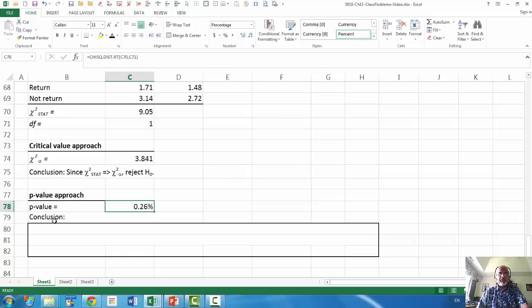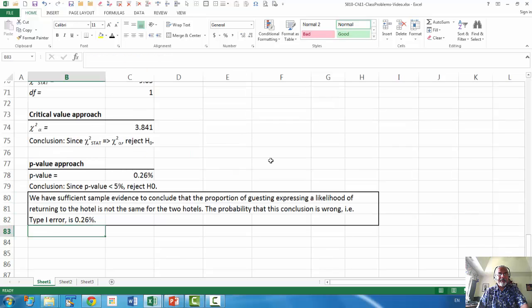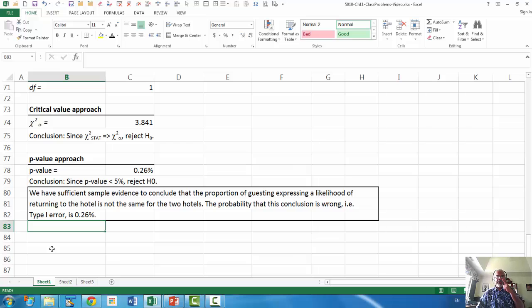Then you reject because the p-value is less than alpha, and then you provide an interpretation. We have sufficient evidence to conclude that the proportion of guests expressing a likelihood of return is not the same for the two different hotels. The probability that this conclusion is wrong is 0.26%.